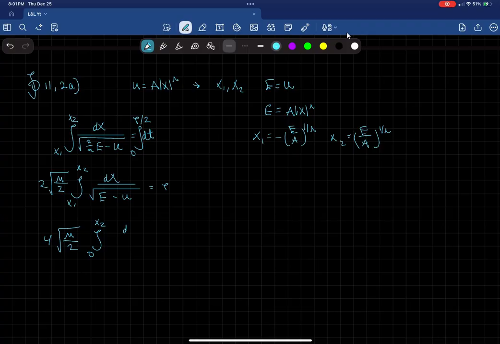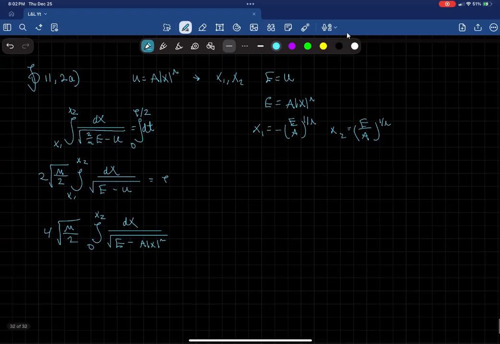So I now have the integral from 0 to x2 of dx divided by the square root of E minus A absolute value of x to the n, which is my potential function.